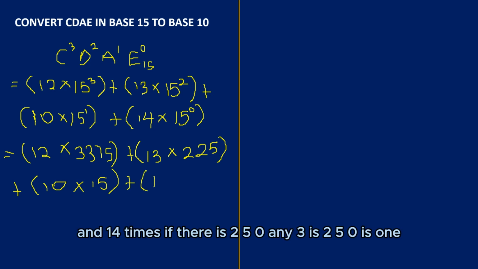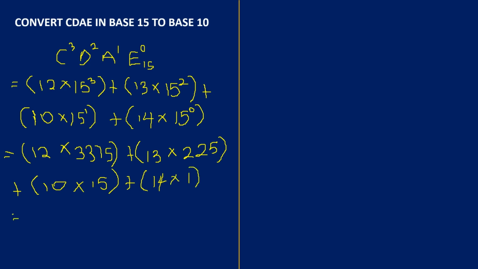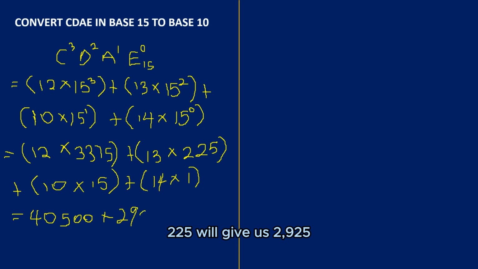And 14 times 15 raised to the power of 0, anything raised to the power of 0 is 1. So 12 times 3,375 will give us 40,500, plus 13 times 225 will give us 2,925.